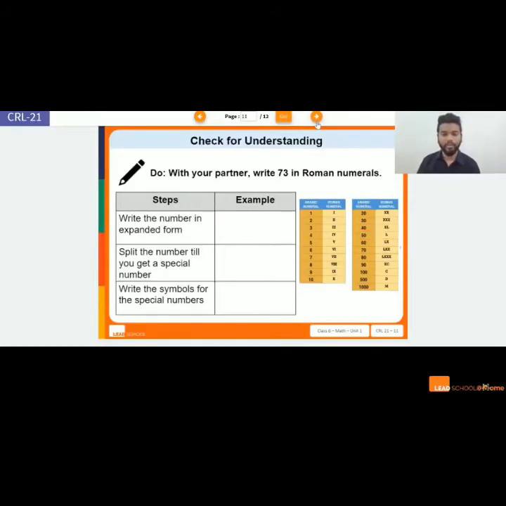Now you will have 1 minute to do this. Take down this table first. Take 1 minute to take down this table. Make sure you're writing these steps in your notebook.